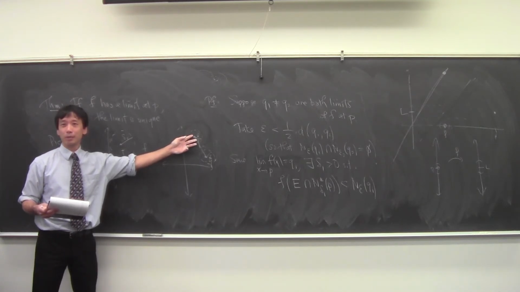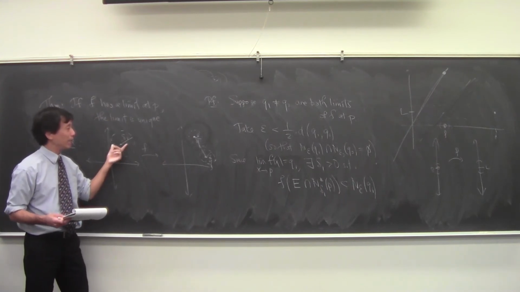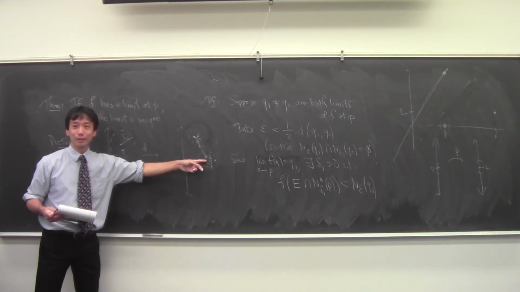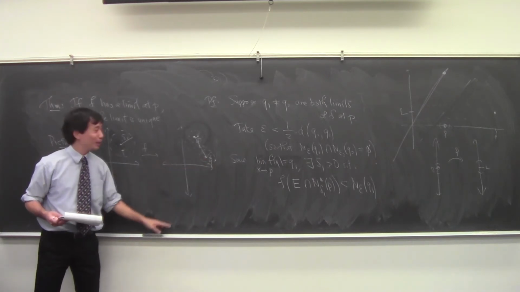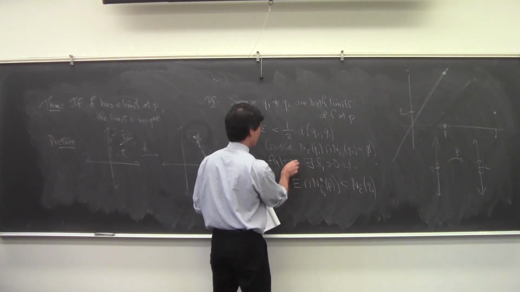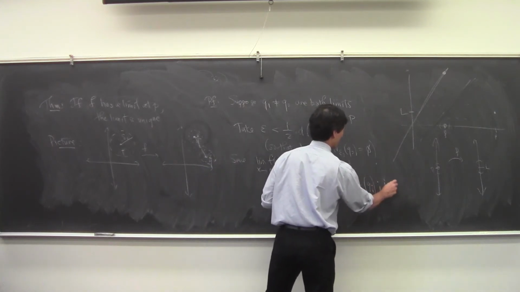Okay? What am I going to say? There's also going to be a delta 2 neighborhood where everybody inside that neighborhood gets mapped inside of this one. So I'm just going to put i's here, i equals 1 and 2.